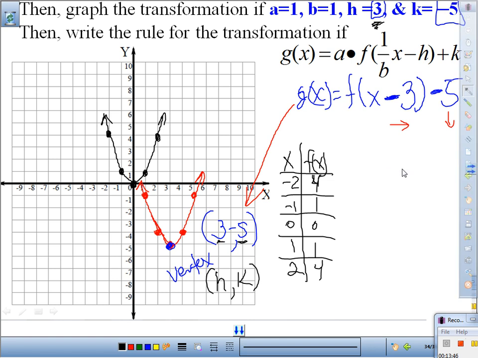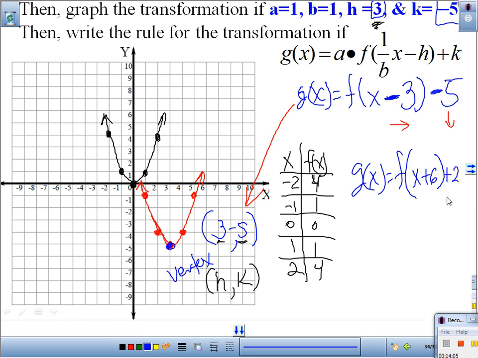Yes? All right. So let's say I gave you another rule for the same function, and I said g of x equals f of x plus 6 plus 2. Tell your neighbor the vertex of this one now. Vertex of that one. All right, let's see.